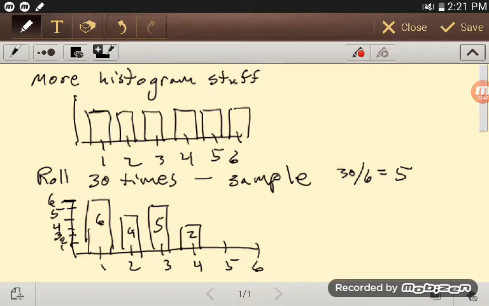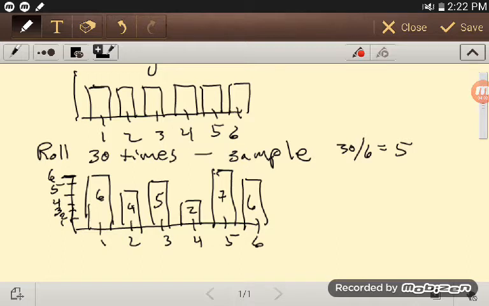That's 17 out of 30, so we'll say the 5 had 7 of those and 6 6s, like that. So that might be one sample of rolling the die 30 times. We would have expected a bunch of 5s. This is what we got.